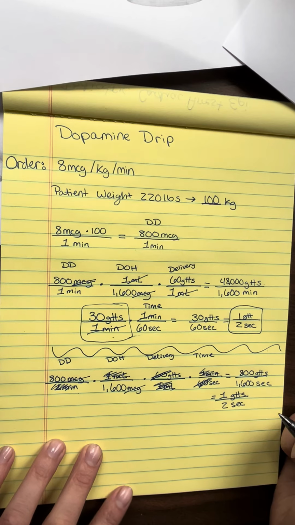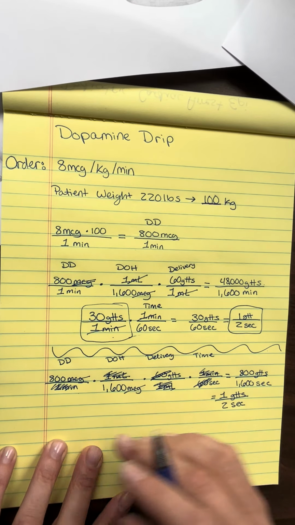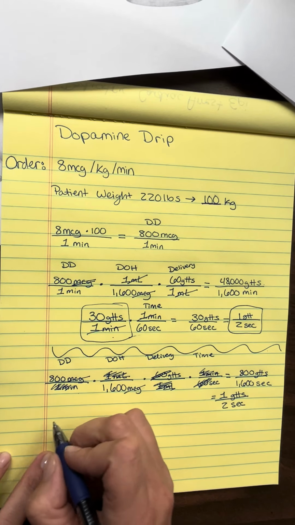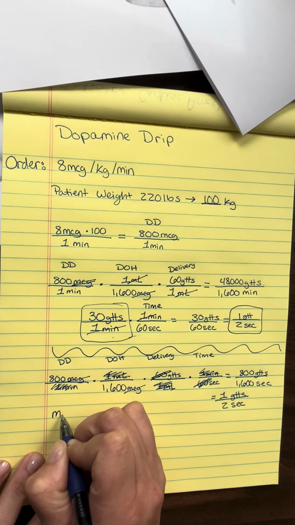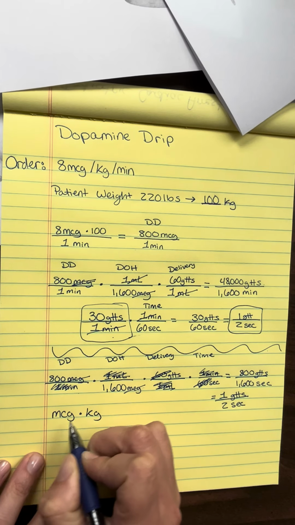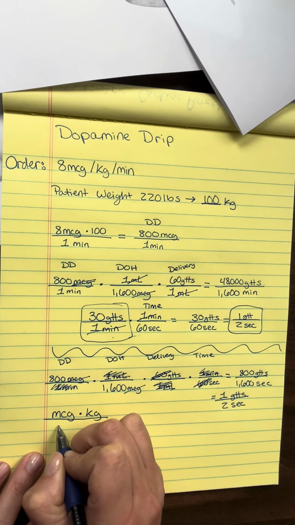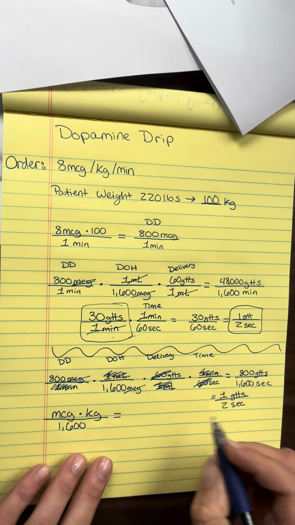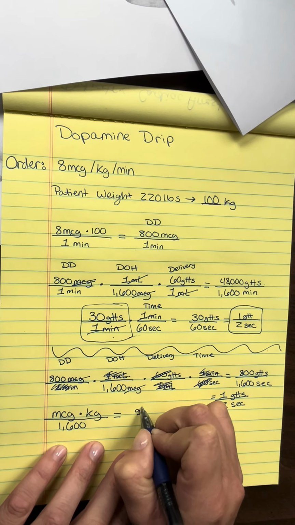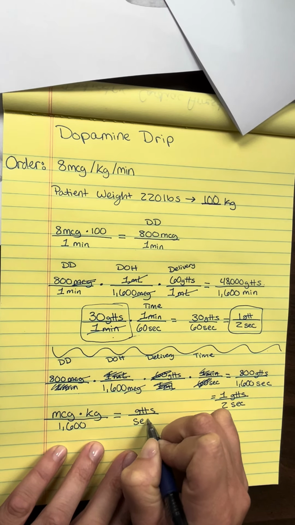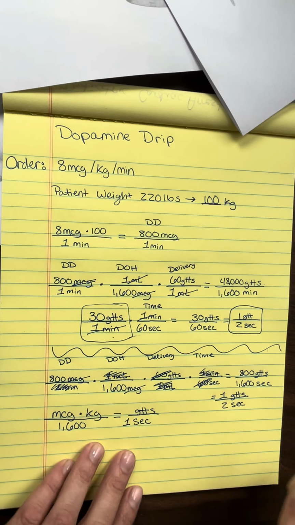Now, to get rid of all this, all we really have to do is take our micrograms times our kilograms divided by 1600, and that will give us our drips over 1 second.